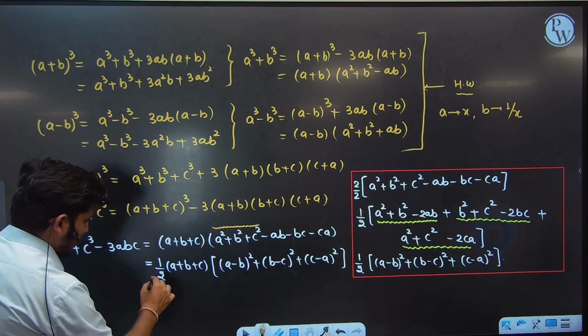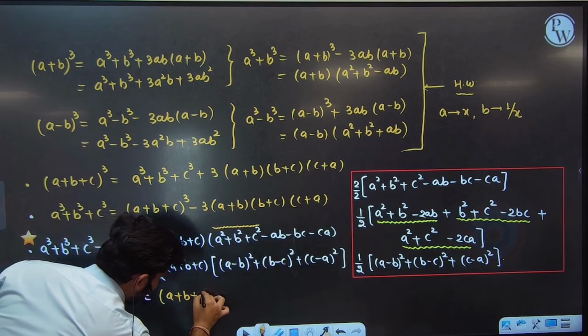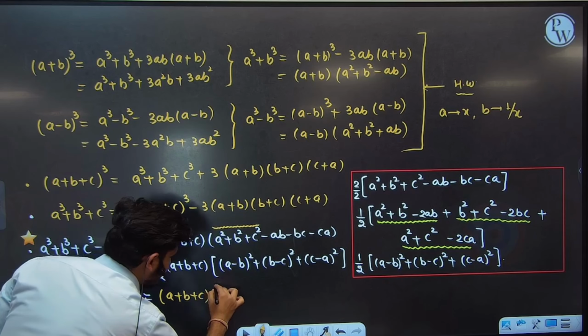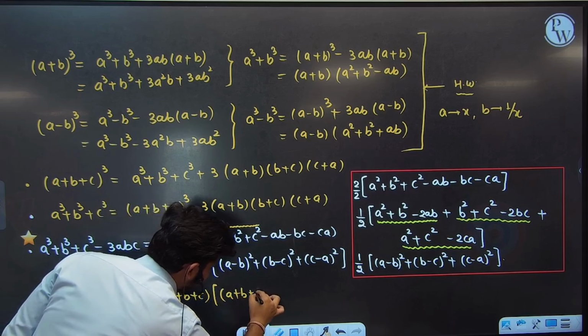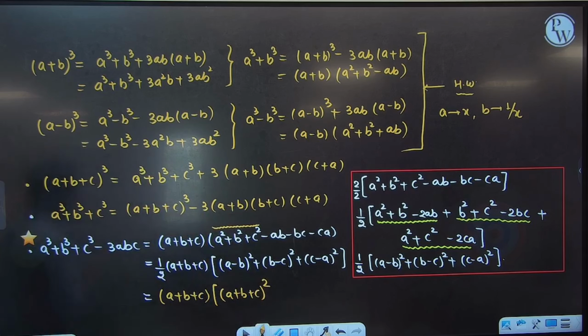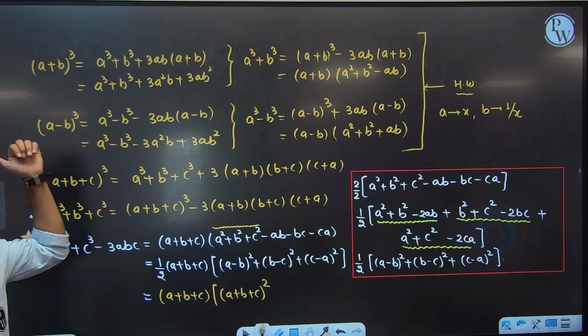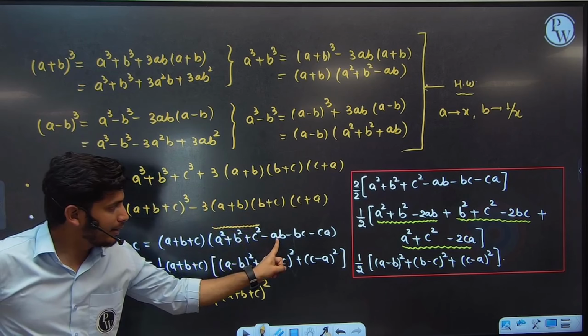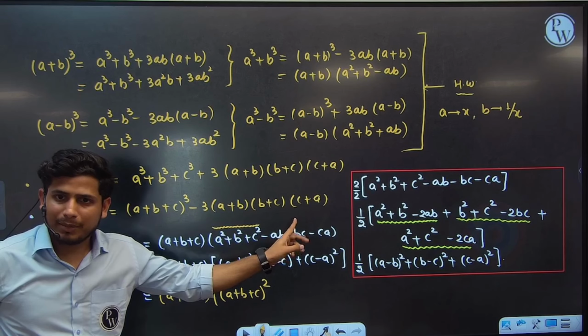So again, manipulate this: a plus b plus c, in another bracket (a plus b plus c) whole square, and in that formula minus twice of (ab plus bc plus ca), and here minus of (ab plus bc plus ca).